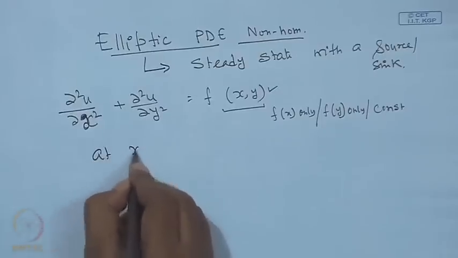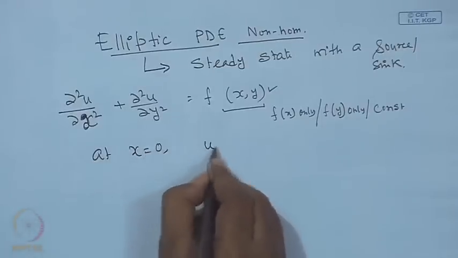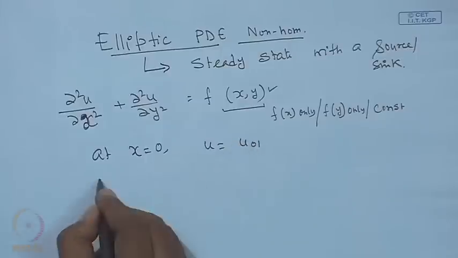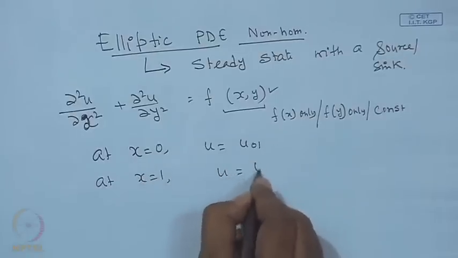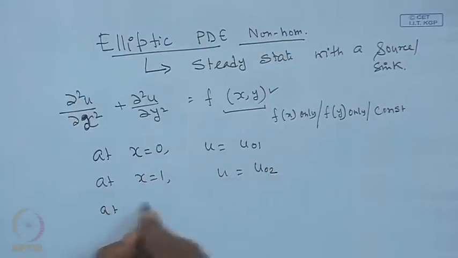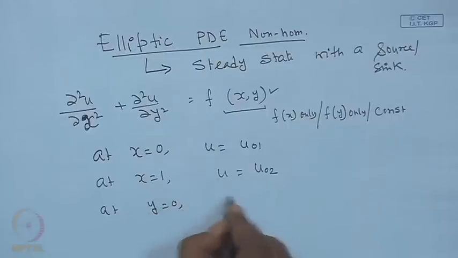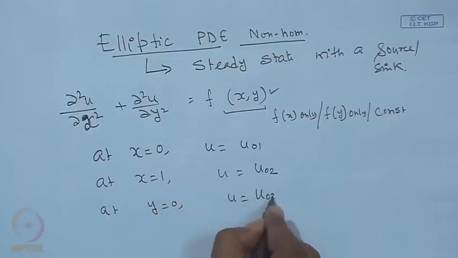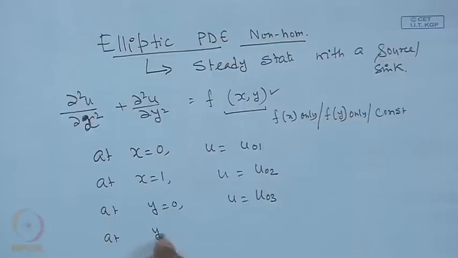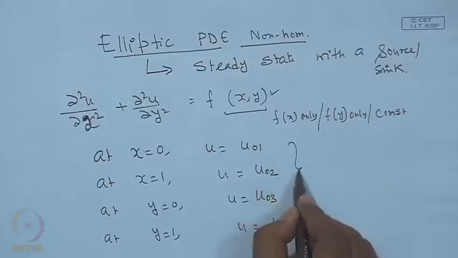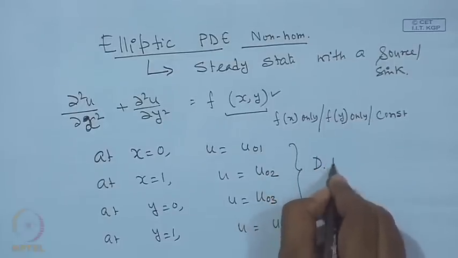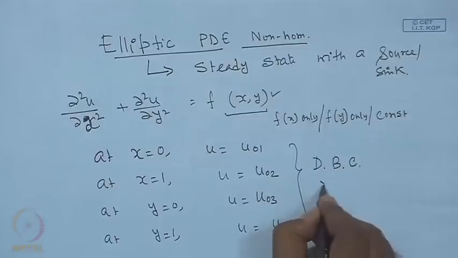So, at x is equal to 0, we have u is equal to u 0 1, at x is equal to 1, we have u is equal to u 0 2, at y is equal to 0, we have u is equal to u 0 3, and at y is equal to 1, u is equal to u 0 4. So, we have 4 non-homogeneous boundary conditions, and for the time being we make them Dirichlet boundary conditions.